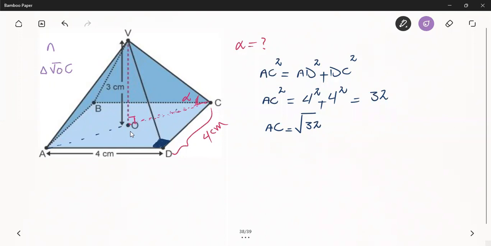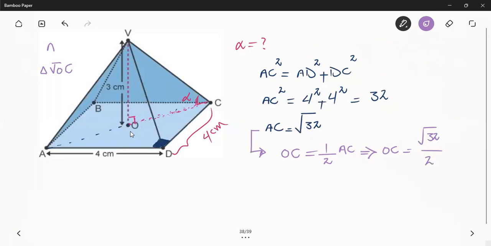But in geometry, you can prove that the length of OC is equal to half of the length of AC. We are not going to prove that geometrically because we are just going to use the result. Then the length of OC is square root of 32 over 2, right?